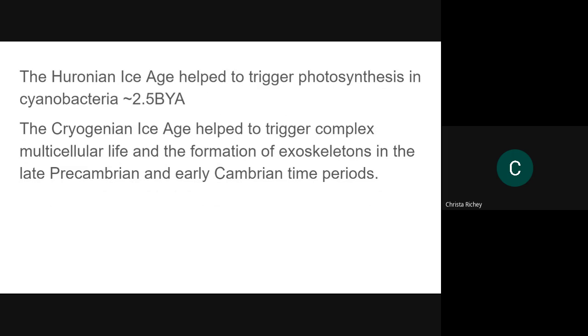Things like prokaryotes, euglena, amoeba, volvox, diatoms. You should have known those words from biology. I just don't know what they teach in biology here. But this was over a rather long period of time. That was the one that triggered complexity. And at the end of Snowball Earth, that's what triggered exoskeletal development.